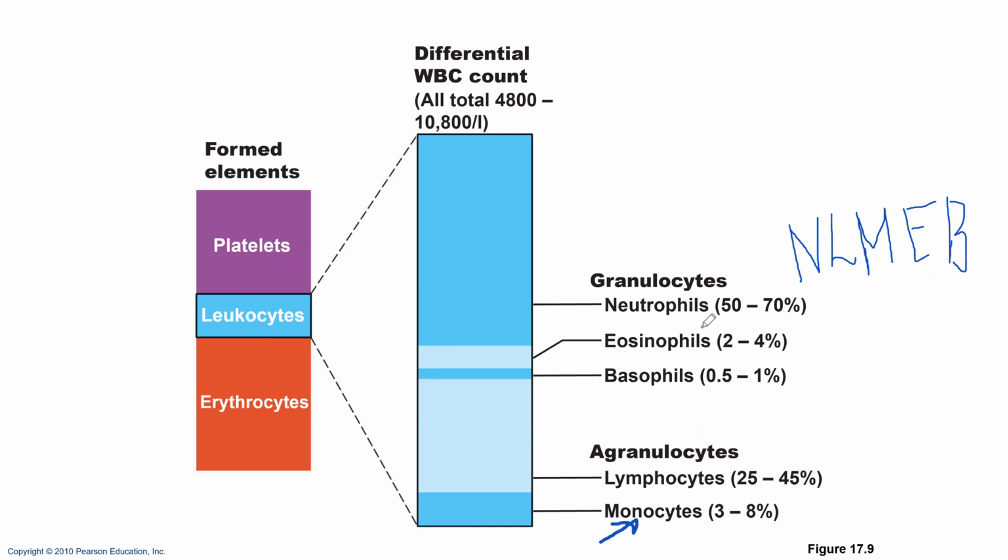Then we have eosinophils, and the least abundant are basophils. So we have neutrophils, lymphocytes, monocytes, eosinophils, and basophils.